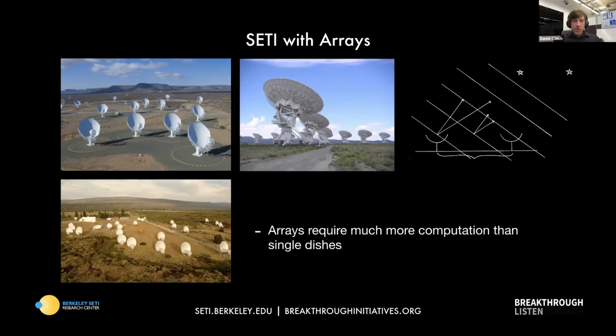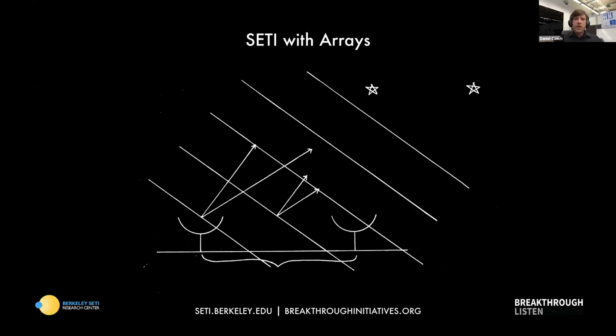One of the important considerations here is that array radio telescopes require much more computation than single dishes. The way that radio signals can be received with array radio telescopes is by summing the signals from all the individual dishes together to form a more powerful signal, with better signal to noise ratio than would be received by a single dish.